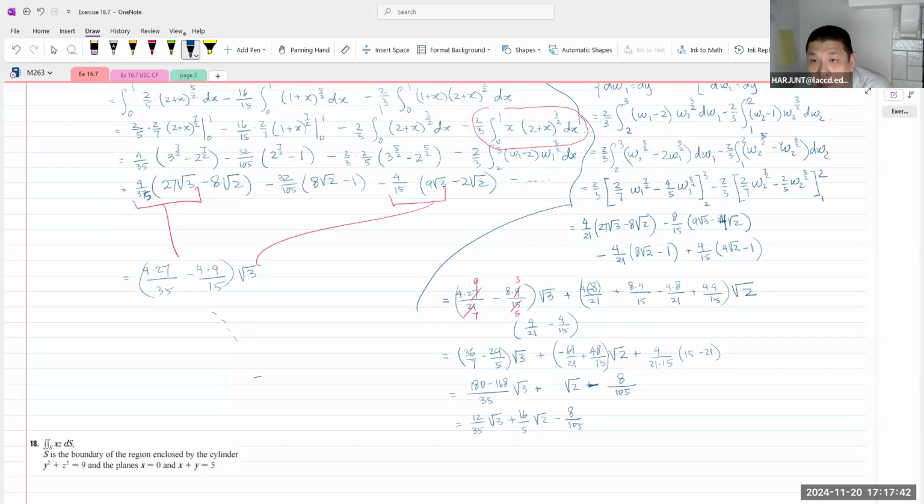So multiply by 5, 320, multiply by 7, 3 to 3, 48 times 7, 6, 5, 20, 3, 3, 6. So there will be 16 over 105. So this is 16 over 105.